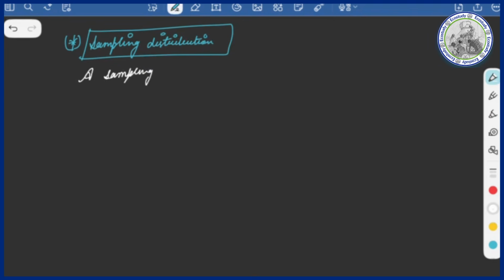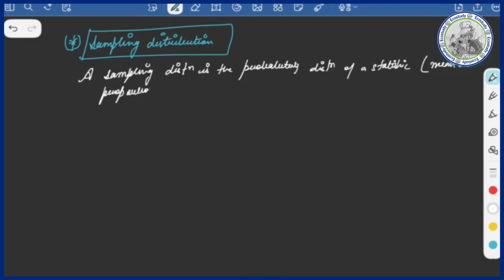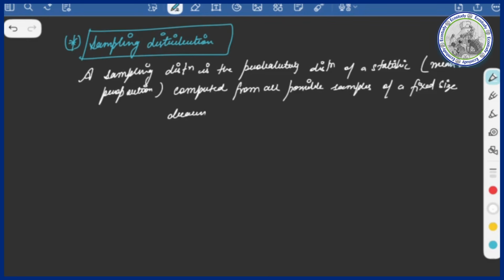A sampling distribution is the probability distribution of a statistic, like mean or proportion, computed from all possible samples of a fixed size drawn from a population.